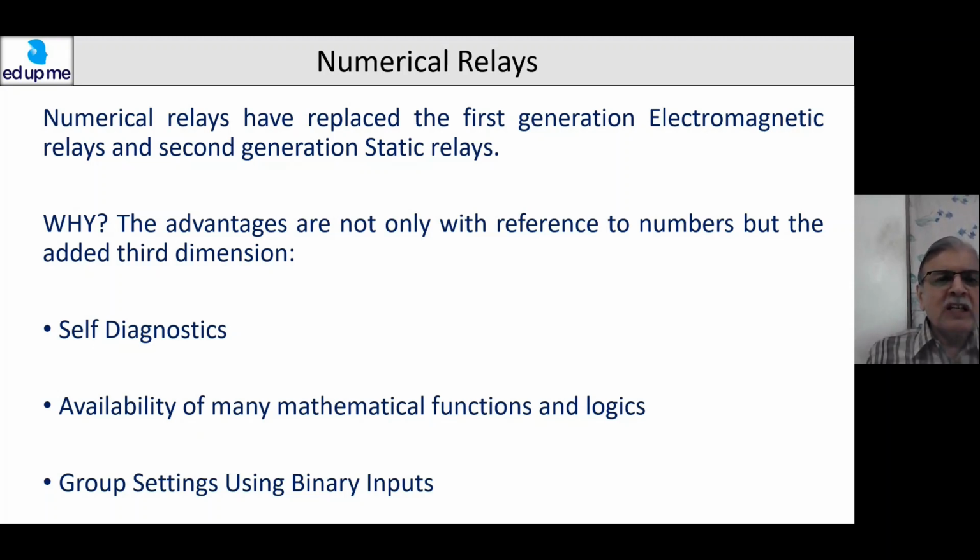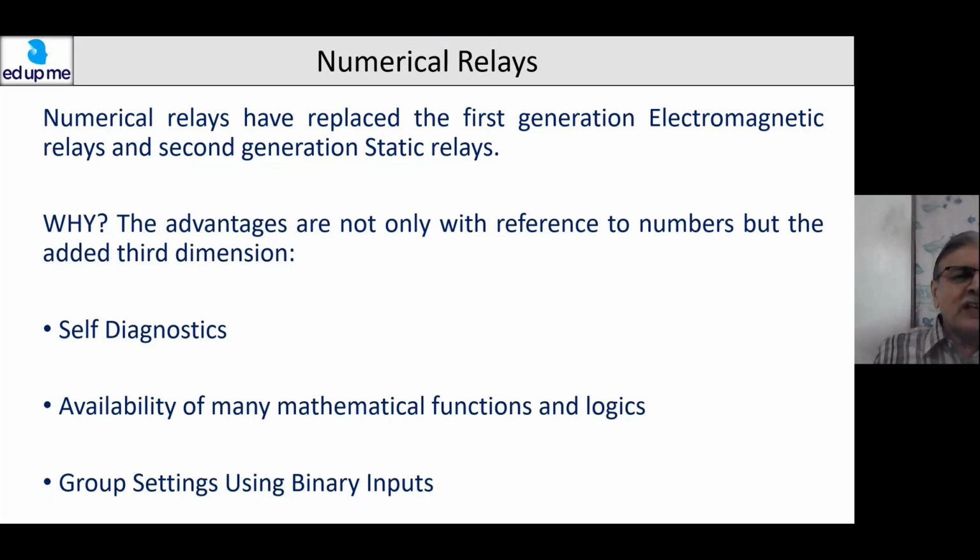So the first advantage is self-diagnostics, which was not available in electromechanical or static relays. That is, the relay is checking itself continuously every moment, 24 hours and 365 days.